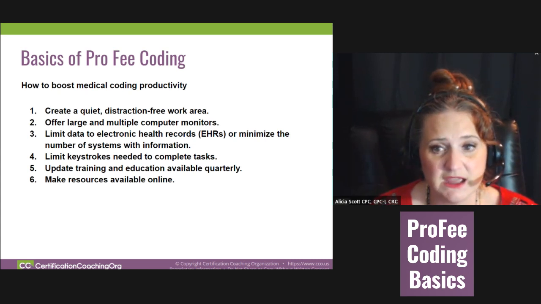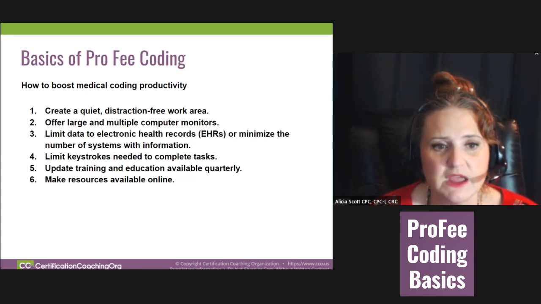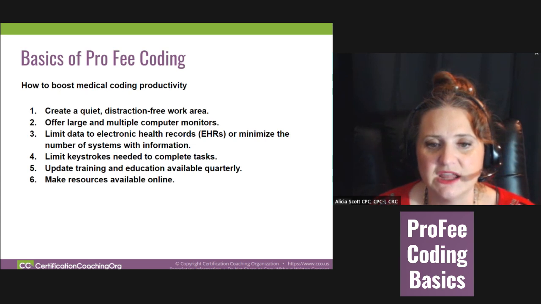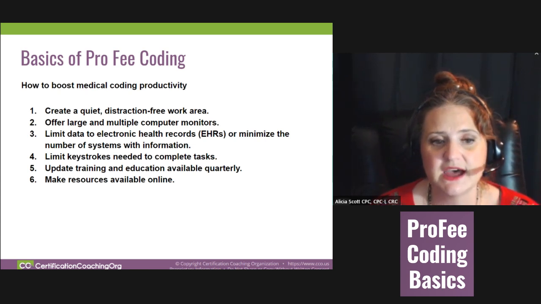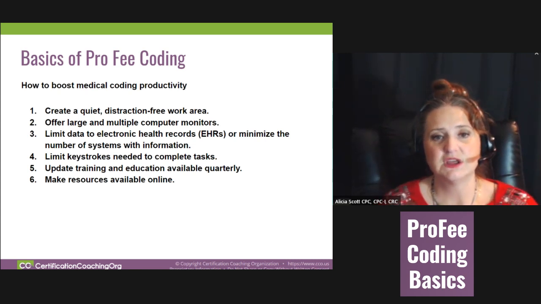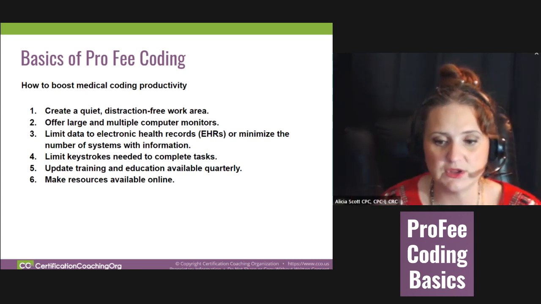I think I have two 19s and two 22s. Limit data on your EHR to minimize the number of systems with information. A lot of times you'll have your email in the background. You may have your encoder that you use; I like to use Find a Code whenever I do anything.